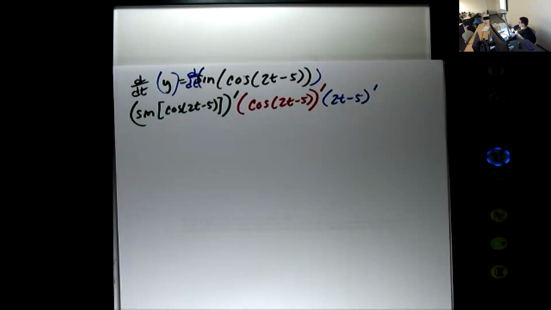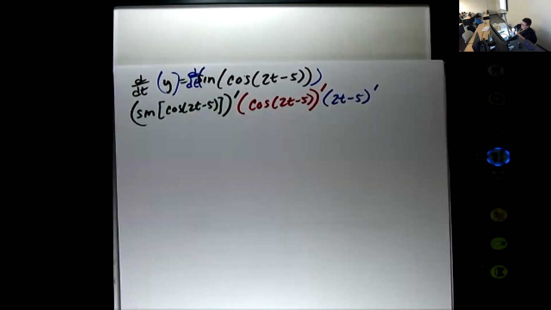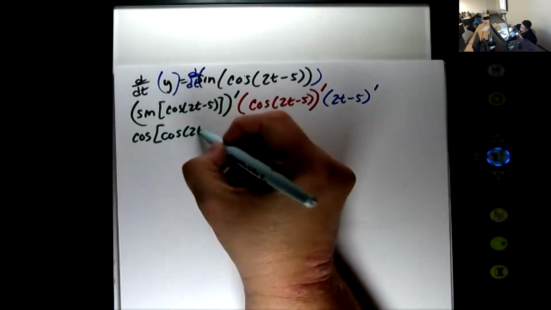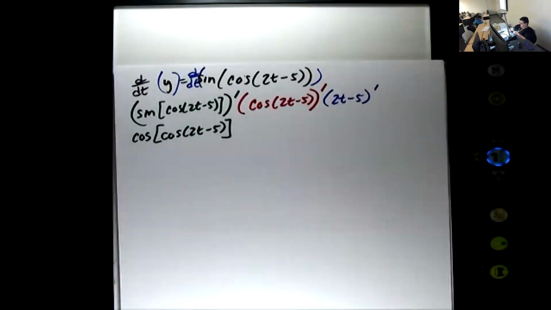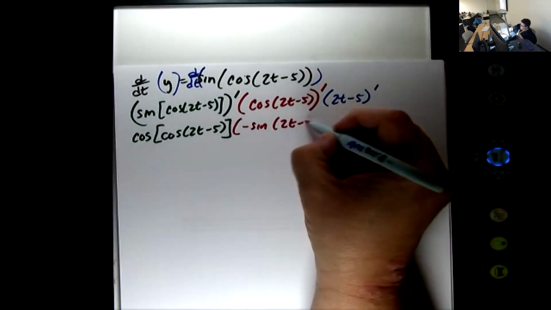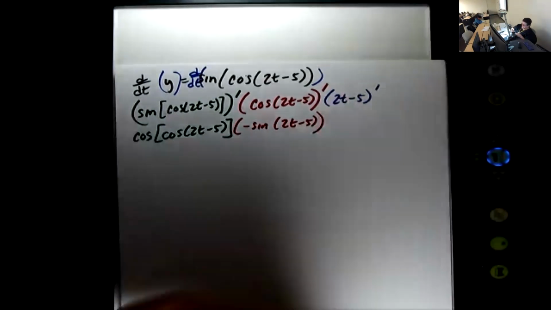What's the derivative of sine? Cosine. This green one is cosine, and the inside stays the same. What's the derivative of cosine? Negative sine, and the inside stays the same. What's the derivative of 2t minus 5 with respect to t? 2.